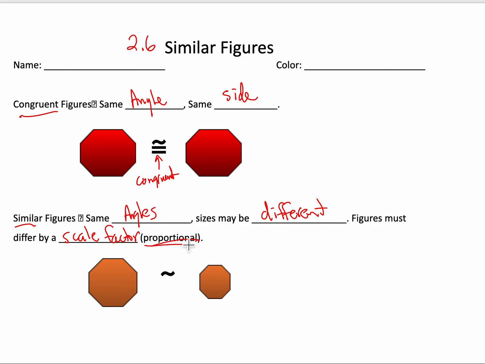So we use the word proportional in that same kind of meaning. This symbol right here means similar, kind of like that congruent symbol. It's just the top part that it means.